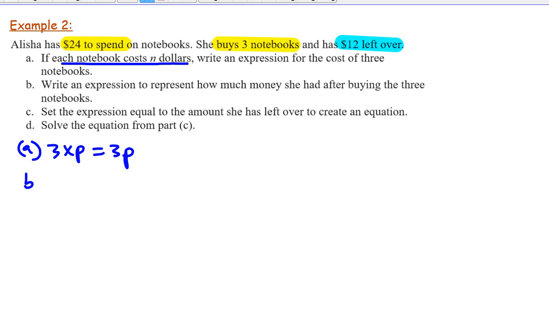And then part B, write an expression to represent how much money she had after buying the 3 notebooks.